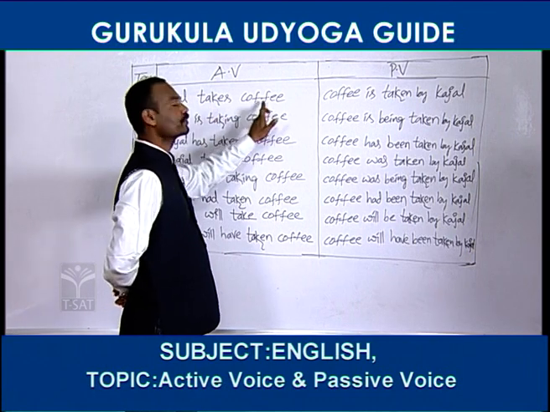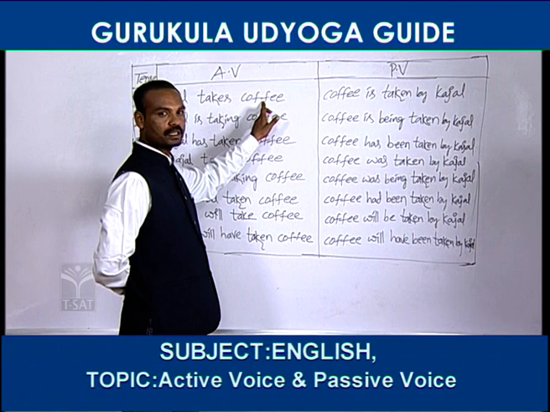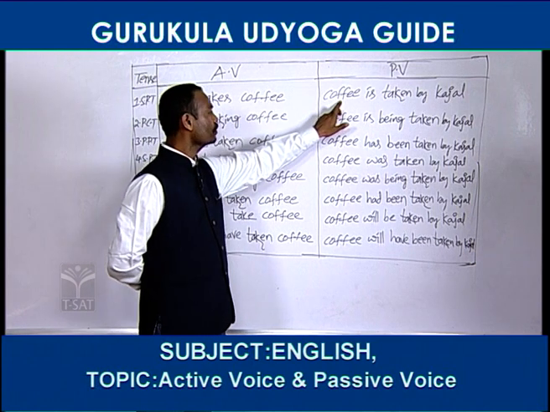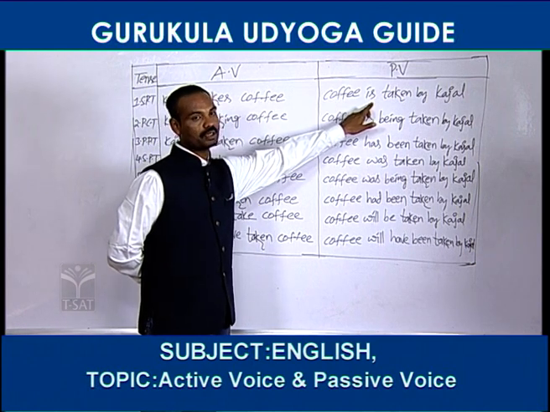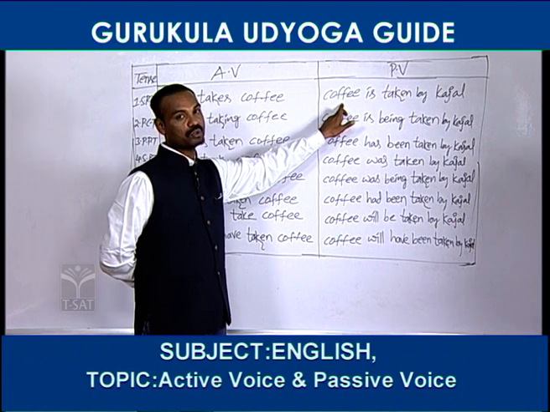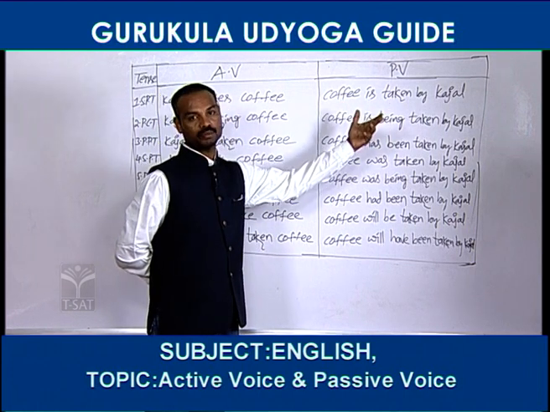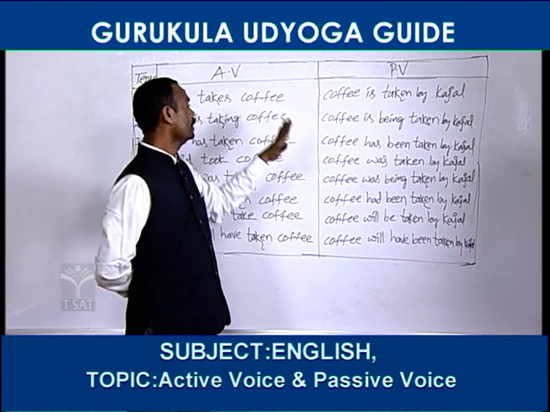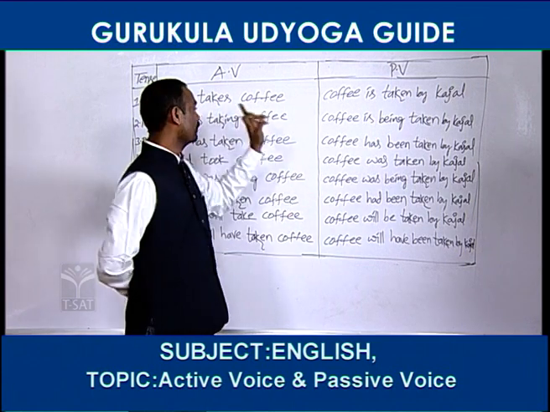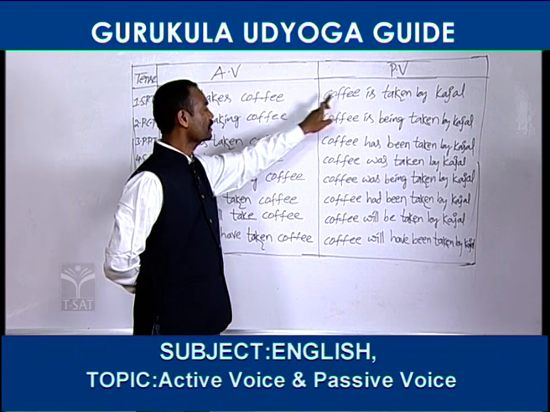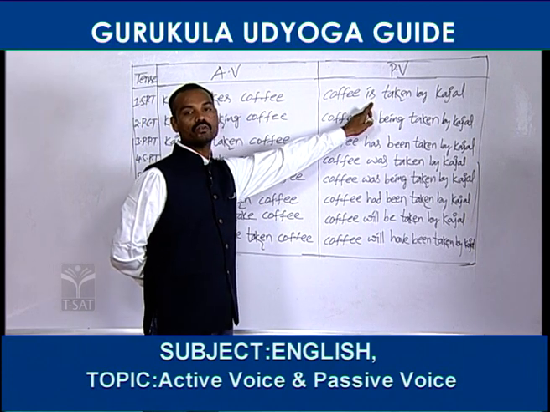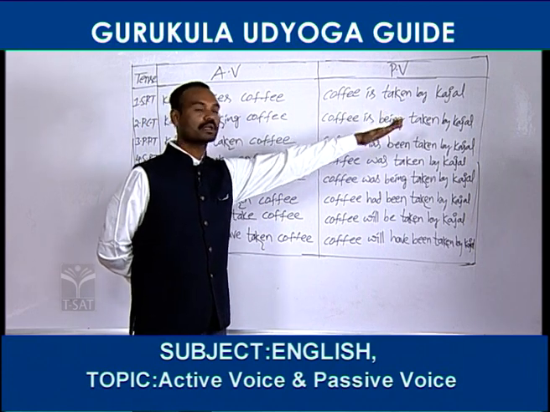Kajal eats fruits. Fruits, it is the plural object. So fruit means fruit is eaten by. But it is a plural object. Fruits. Fruits are eaten by or taken by Kajal. So from simple present tense, whenever they give any plural object, that follows are.